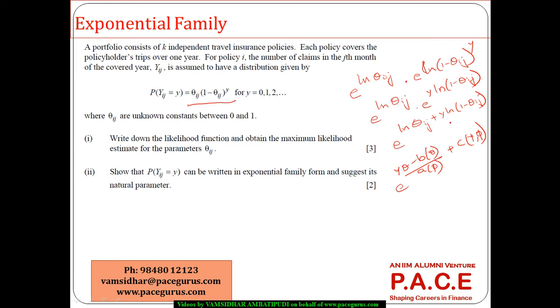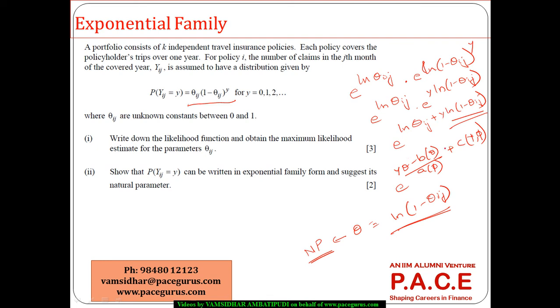If you look at it, y theta, here I can visualize that my theta is nothing but log 1 minus theta ij. This theta is the natural parameter. The other, phi, is the scale parameter, but this is the natural parameter. So theta I can take as log 1 minus theta ij directly.